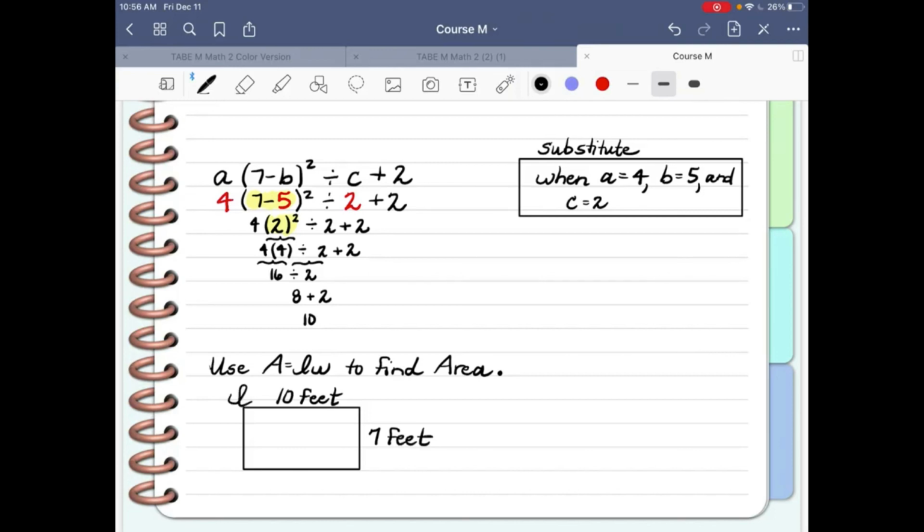So L is 10 and W is 7, length and width. And the formula is A equals LW. So we are going to substitute for L and for W. L is 10, the longer side. 7 is the wide side. So 10 times 7 is 70 square feet.